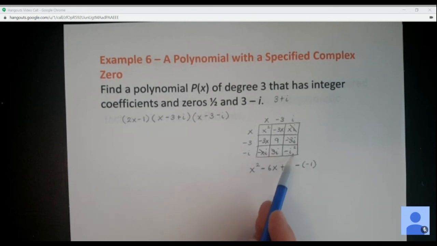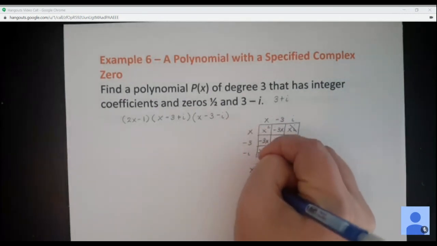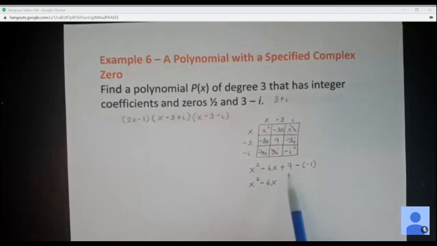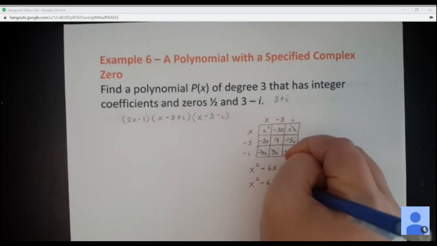So this gives me a minus negative 1. Now, when I combine like terms, I have my x squared minus 6x. What are we going to get for 9 minus negative 1? Positive 10. Good. This just gives us a plus 10.